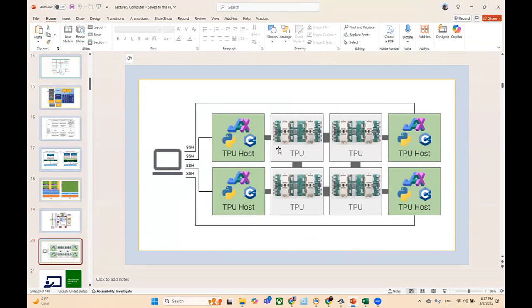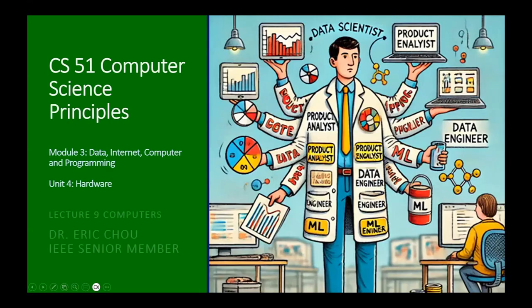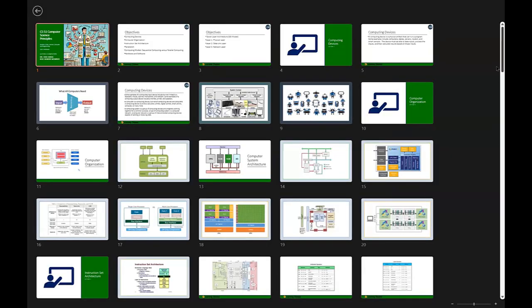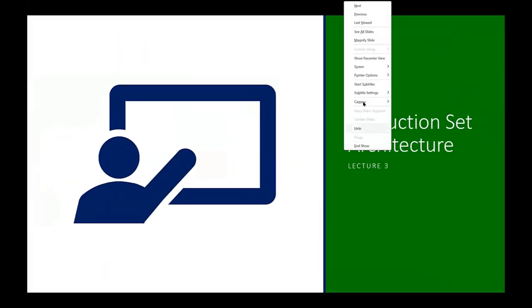You may also have the TPU, the tensor processing unit, from Google. So we just briefly talked about the computer architecture. That's about the computer organization.